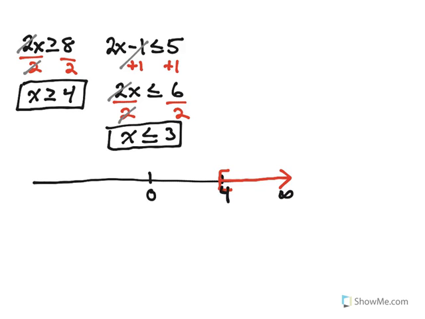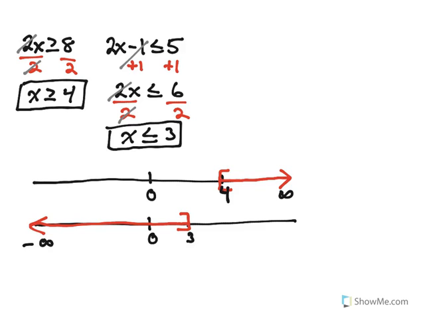This reads 4. If we graph the other one, 3 is going to go a little bit less than 4. Well, anything less than or equal to 3 is also a bracket, but less than is going to be in this direction to the left. And that's going to be -infinity.